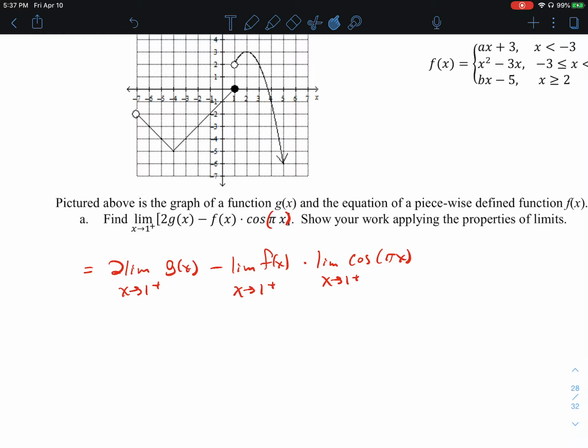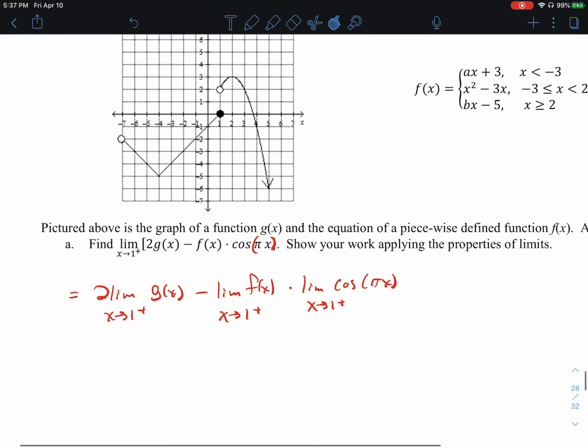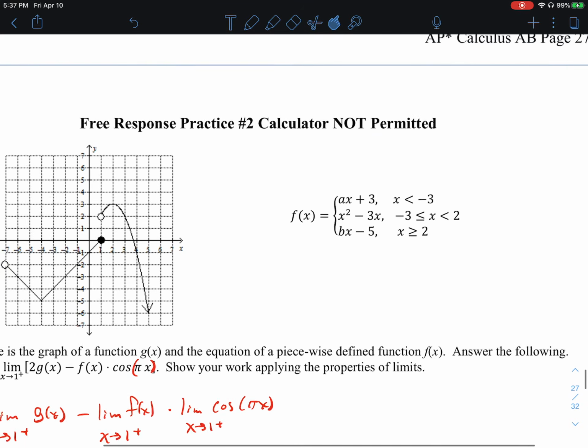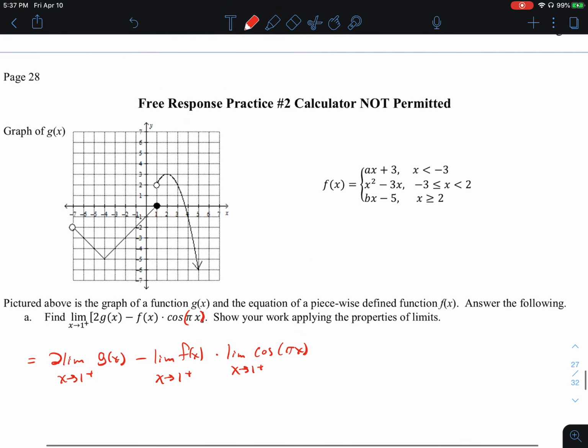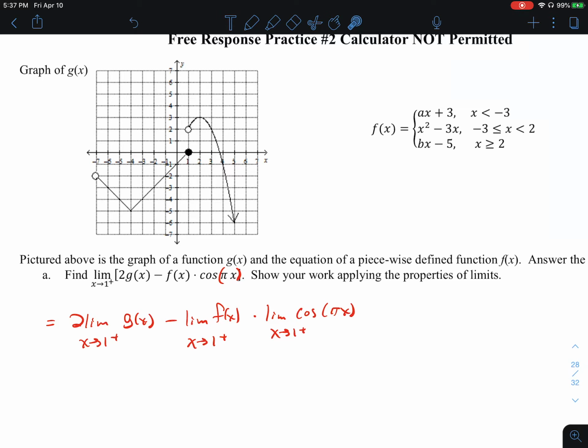So looking at my graph, as x approaches 1 from the right, y is getting closer to 2. So this is 2 times 2. Looking at function f, as x approaches 1 from the right, 1 is in this interval.